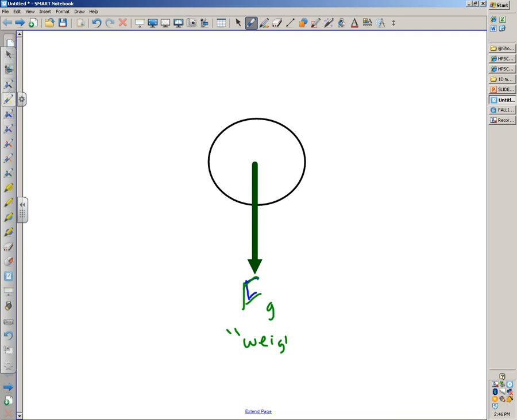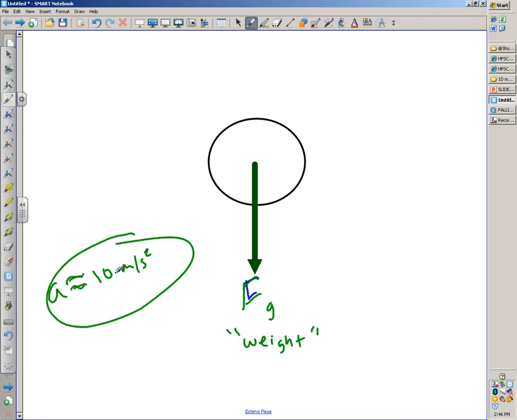This would be the weight. If no other forces were acting on that object, what would happen to it? It would fall, right? And here on Earth, we know that it falls and that its acceleration is what? 9.81, or pretty close to 10. Maddie, this is the acceleration caused by gravity.